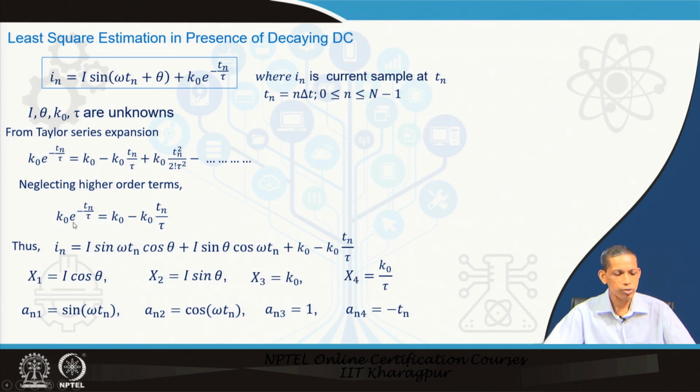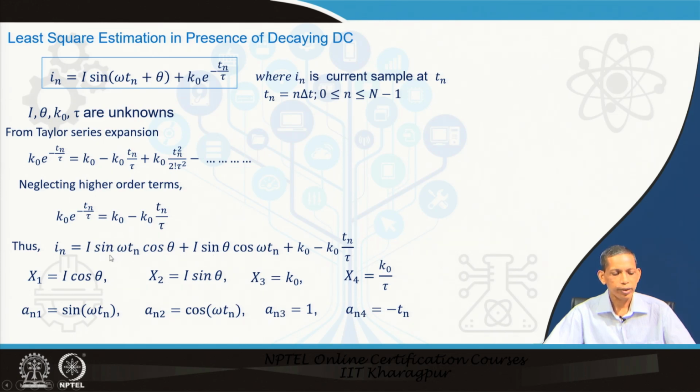So, considering only the first two terms, the decaying DC part can be k naught minus k naught t n by tau. Therefore, the current I n equals I sin omega t n cos theta plus I sin theta cos omega t n plus k 0 minus k 0 t n by tau. This is the decaying DC part, and this is the sinusoidal part.